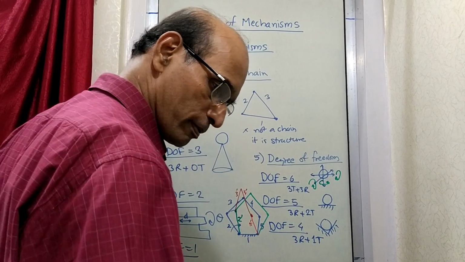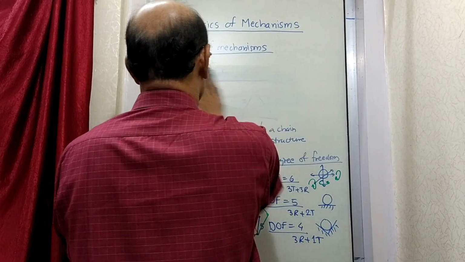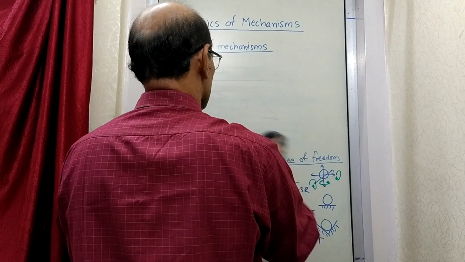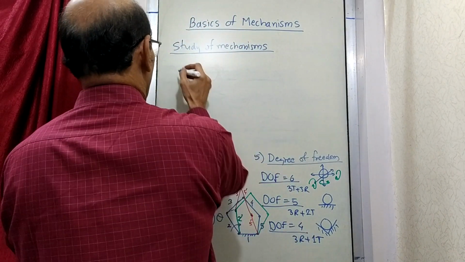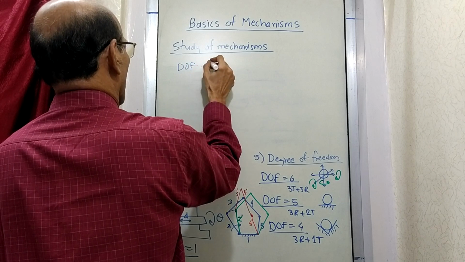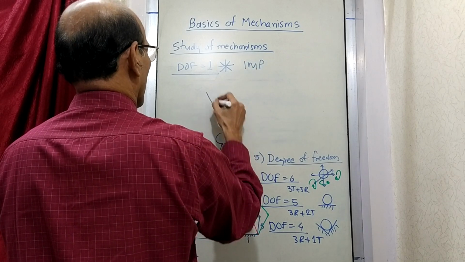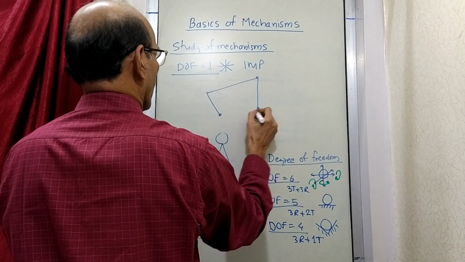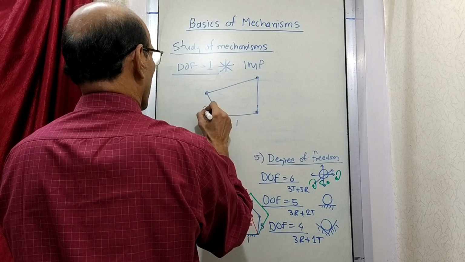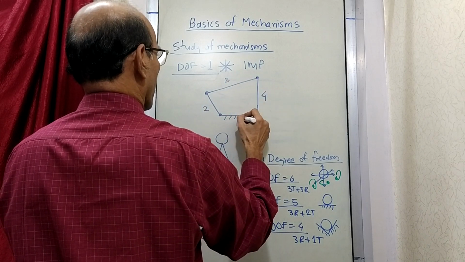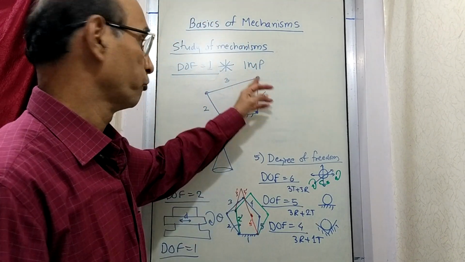Now I will show this DOF equal to 1 over here. So I draw the actual 4-bar mechanism having 4 links.